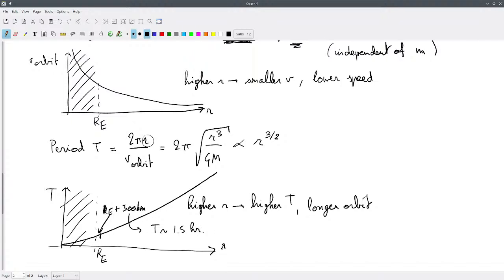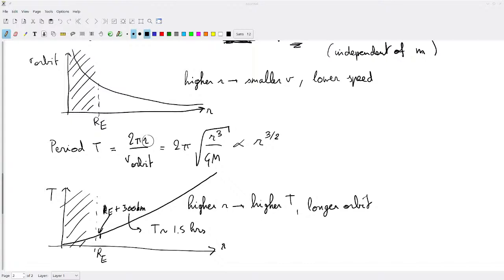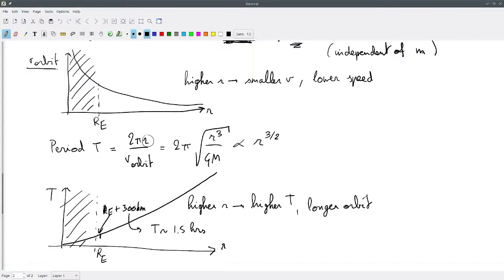So the orbital period of most satellites in low Earth orbit is about 1.5 hours. That's how fast it goes around the Earth.